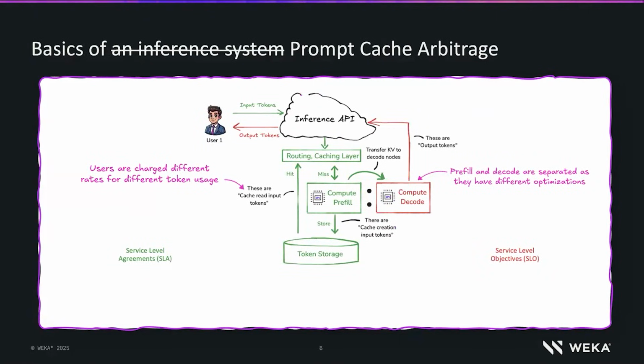What we're going to be doing is explaining how the service level agreements we sign up to when we subscribe to our various token tiers, or when we commit in our agentic instructions to specific token cache writes and cache reads, convert to service level objectives delivered by the context platform itself.